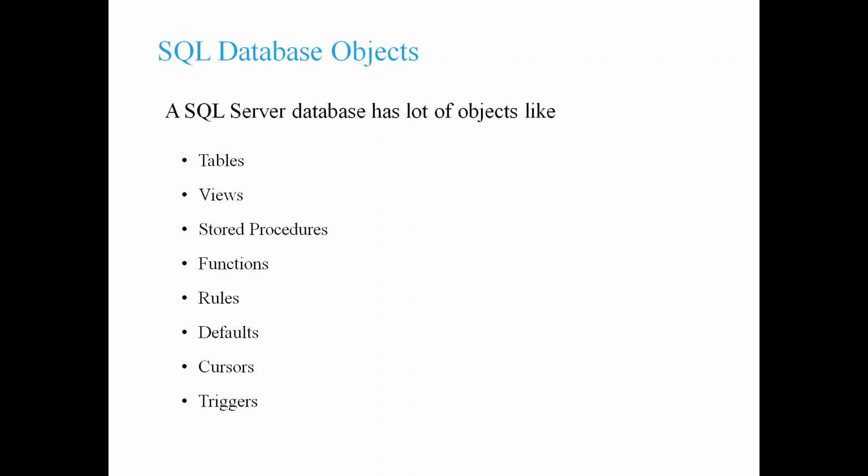They will create the scripts like views, stored procedures, functions, triggers. But as a DBA, we should be aware of what a table is, or what a view is, or what a stored procedure is. That is the reason we are discussing this, and I restrict myself to only the description, and I will show you a couple of examples only for tables, views, and stored procedures. It is just for understanding.